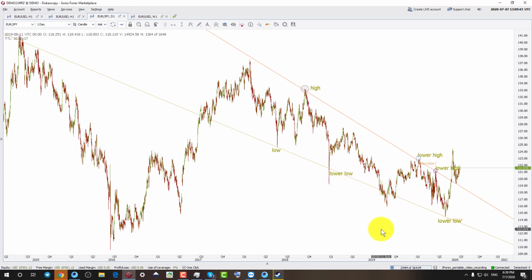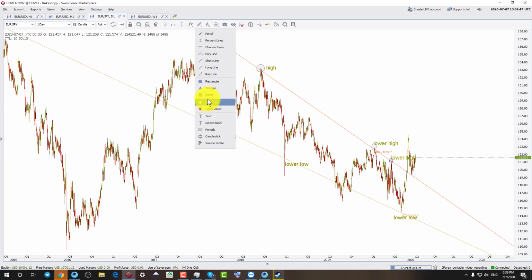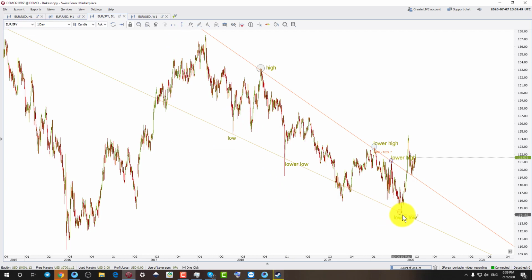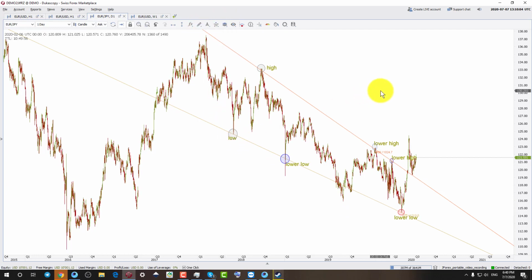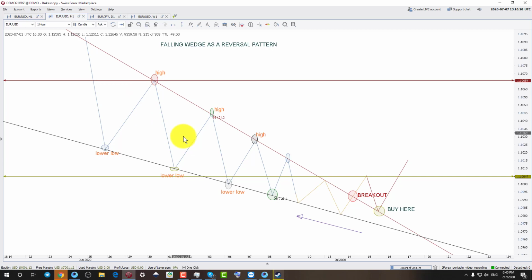So this is how they are forming. I just wanted to highlight this lower low. This is not a lower low, this was a false breakout to the downside. Okay, this can be taken as a low, this can also be taken as a low. So the price was making lower highs and lower lows like we discussed here, and then we needed a breakout.